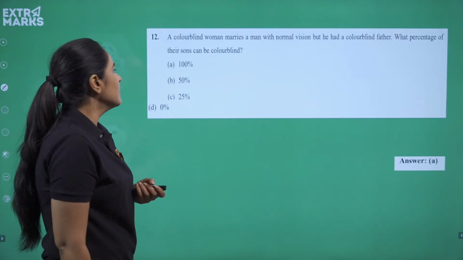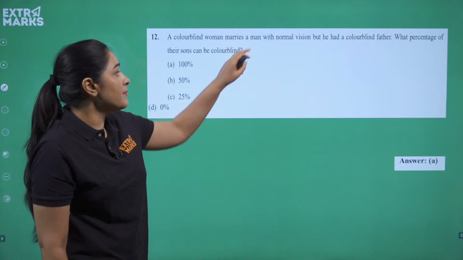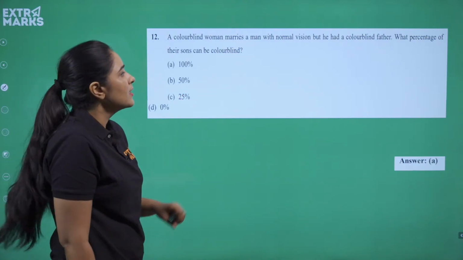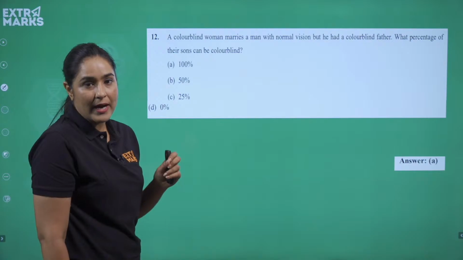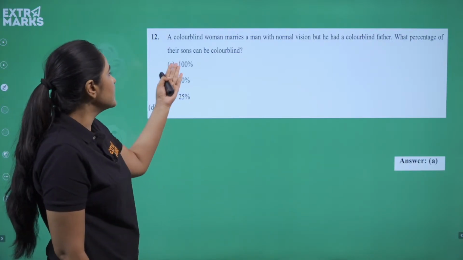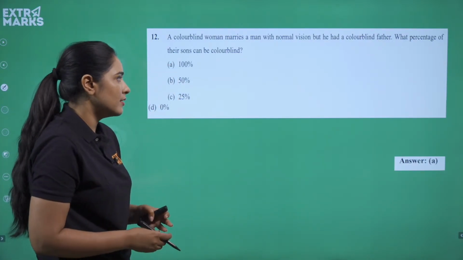Another question, a colorblind woman marries a man with normal vision, but he had a colorblind father here. What percentage of their sons can be colorblind?